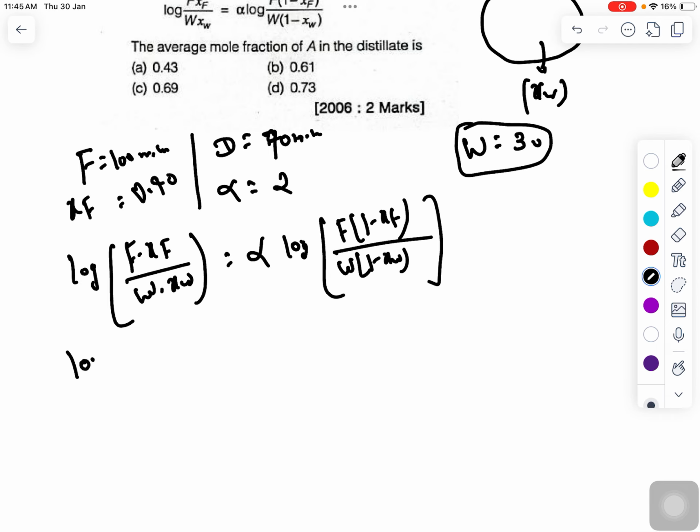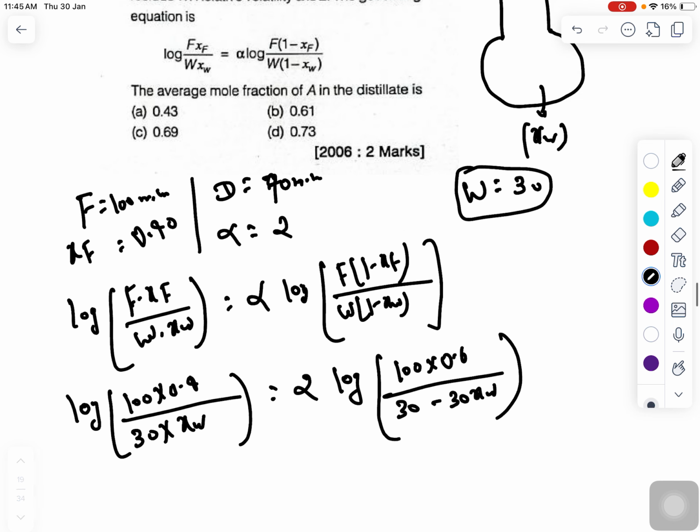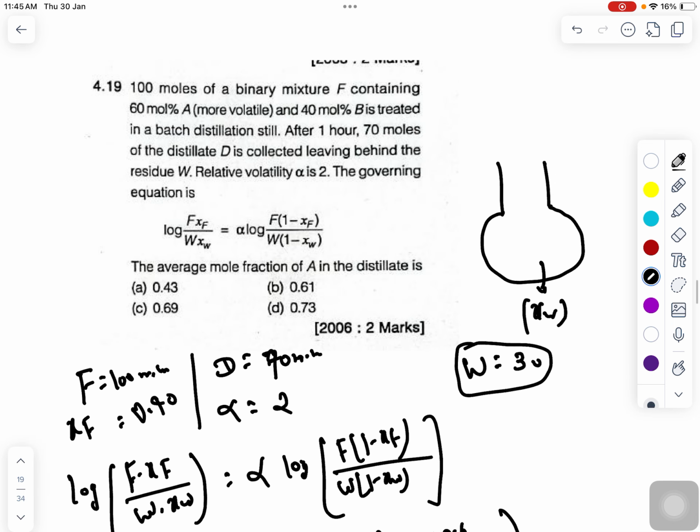You can write log F is 100 multiplied with 0.4 divided by W is 30 multiplied with XW, which we don't know, alpha is 2, and again log F is 100 multiplied with 0.6 divided by W minus W into XW. So W is 30, so I can write 30 minus 30 XW, and you are supposed to calculate mole fraction of A in the distillate.